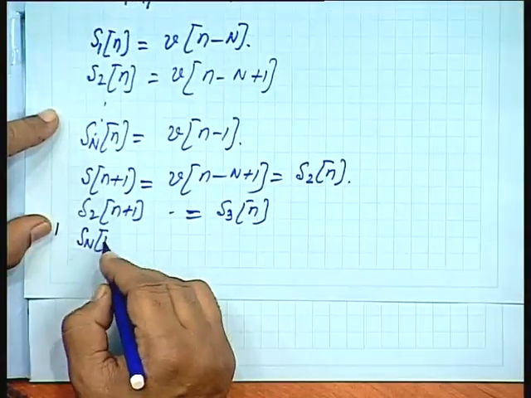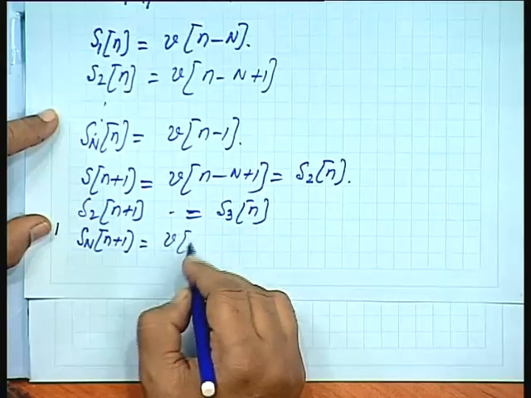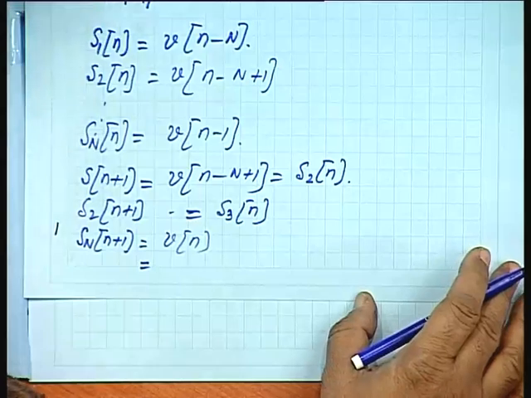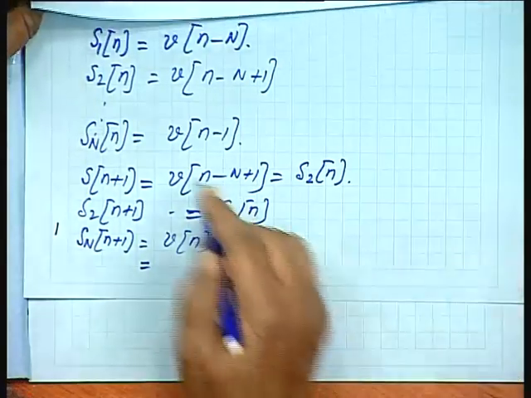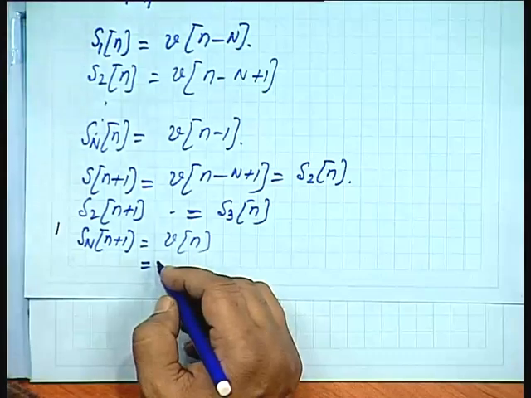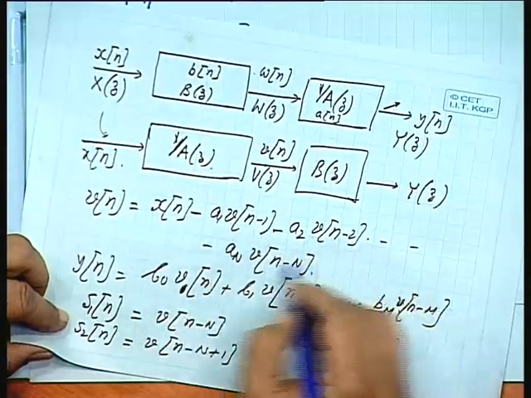Snn plus 1 will become Vn, which is Vn minus 1 plus 1. So, that will become Vn, which we derived as xn minus a1 Vn minus 1 and so on.